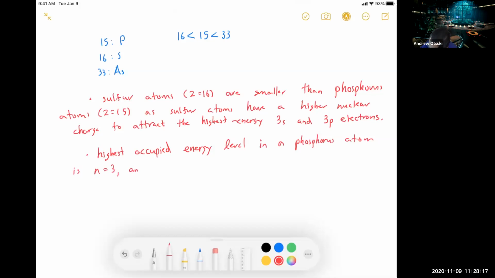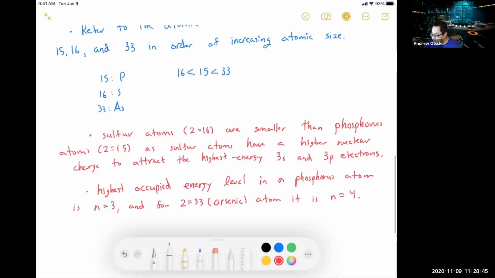And for Z equals 33, which is an arsenic atom, it is N equals 4. So that is why it is the largest. So that's why the order is 16, less than 15, less than 33. Okay, so hopefully that all made sense.